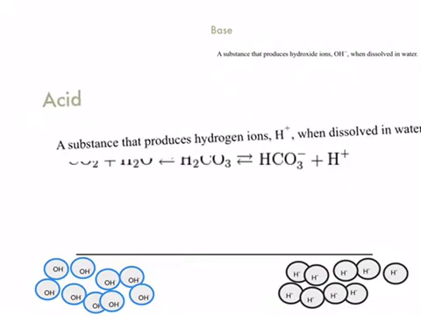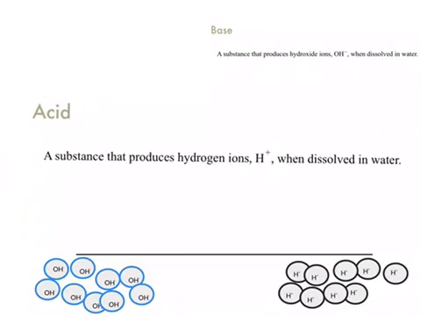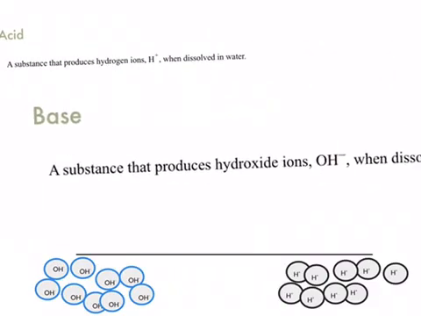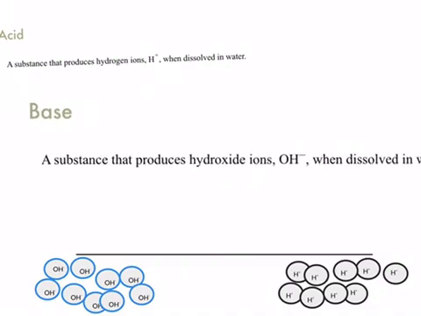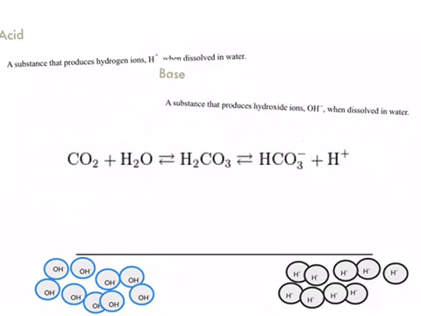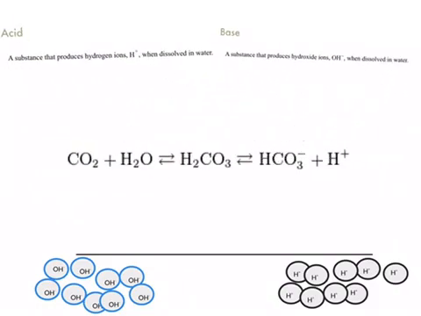This is what we define as an acid: a substance that produces hydrogen ions when dissolved in water. And something that's basic is something that produces hydroxide ions when it is dissolved in water. Those are the biological definitions that we're using for an acid and a base.